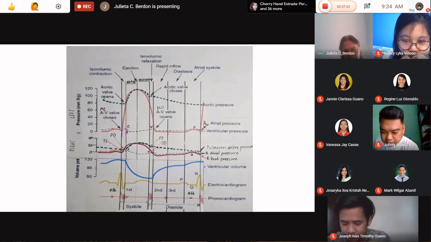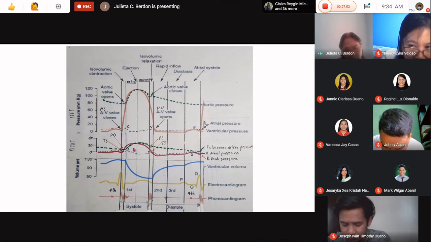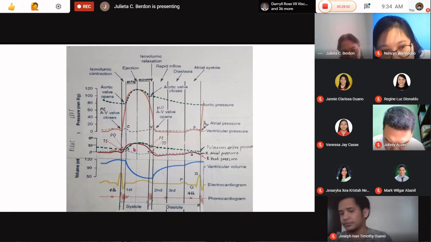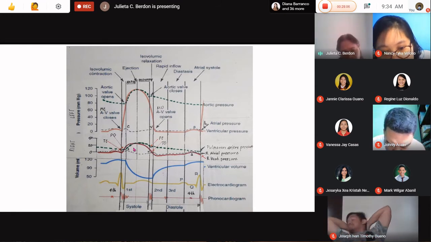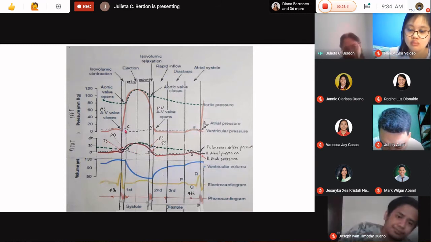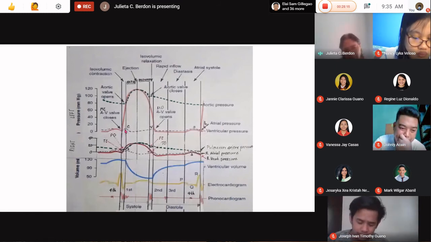Because when the ventricles contract and close the AV valves, the closed valve will bulge towards the atrium, making this C wave. So it's a bulging of the valve, diba? But the valve is prevented from eversion. You understand what eversion is? The valve is prevented from eversion because of what structures? This came up in the exam.